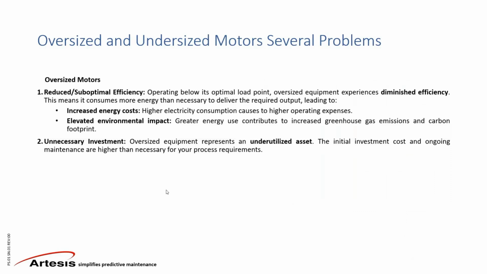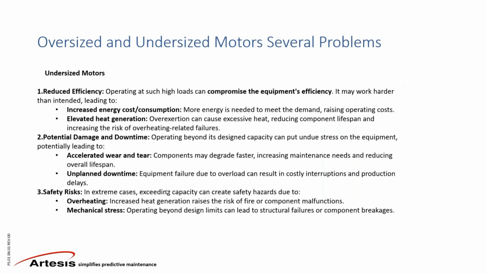So that is an ongoing constant cost associated with this approach. So you need to make sure that the motor is properly sized and running at an optimal, or at least close to optimal, load value.